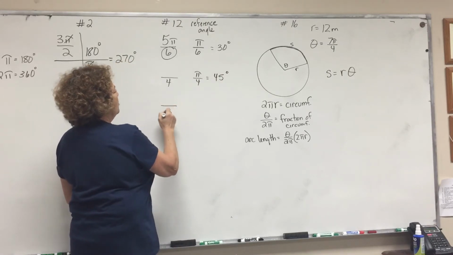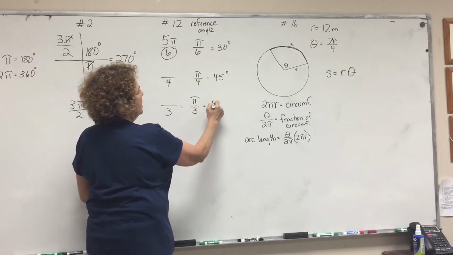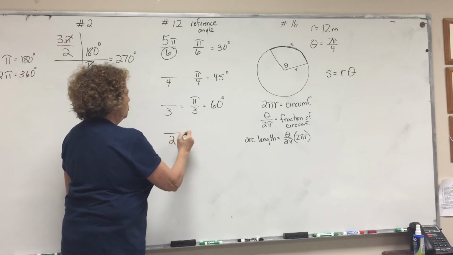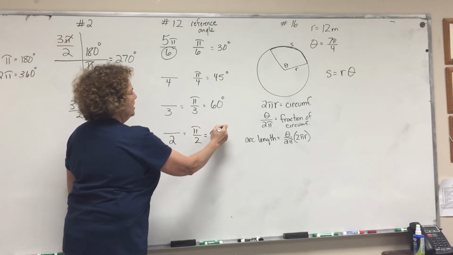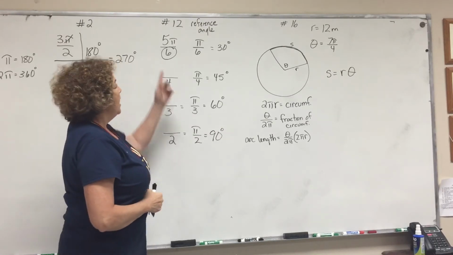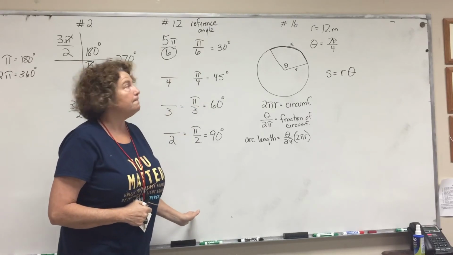If it is over 3, then pi over 3 is your reference angle, and that is 60 degrees. If it's over 2, then your reference angle is pi over 2, which is 90 degrees. So just look at the denominator of the reduced fraction, and you can easily tell what your reference angle is.